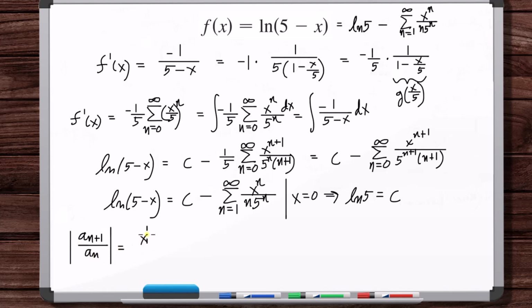So x to the n plus 1 is x to the n times x. 5 to the n plus 1 is 5 to the n times 5. Oh, well, this is all absolute value.